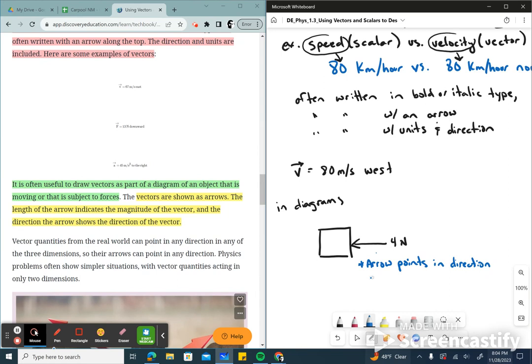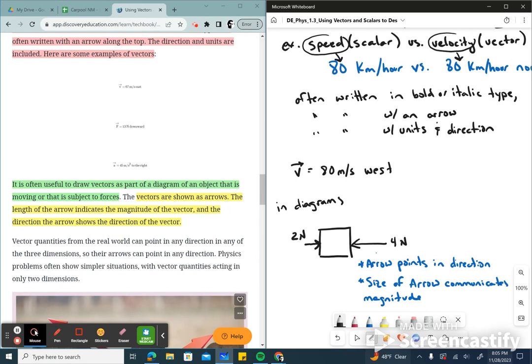And the size of the arrow communicates magnitude. So I could say, for example, that this was a small arrow, and this one has only 2 newtons.